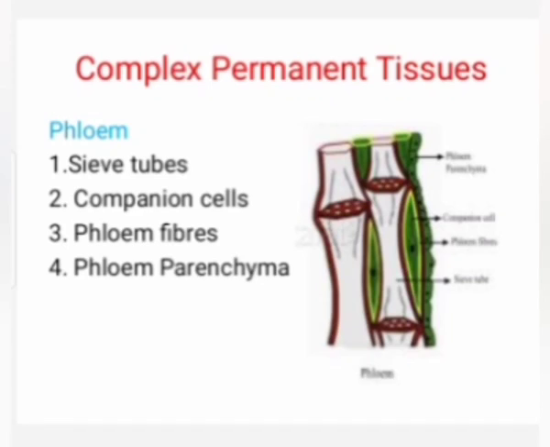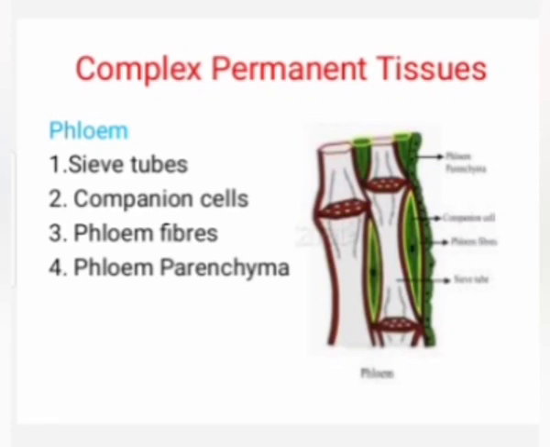What is the function of sieve tubes? Sieve tubes help in the conduction of food. Cells closely associated with the sieve tube are called companion cells.